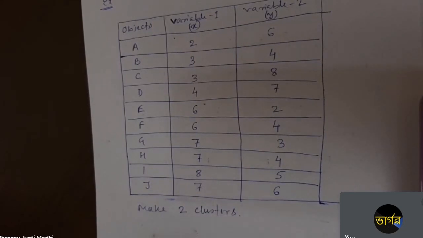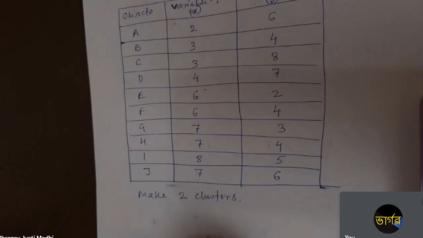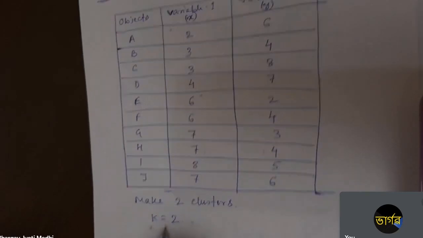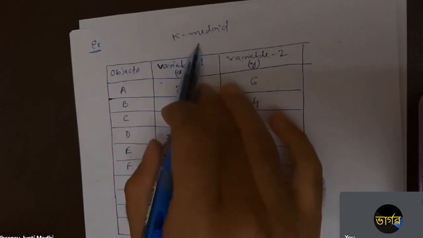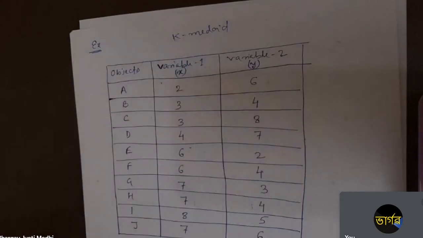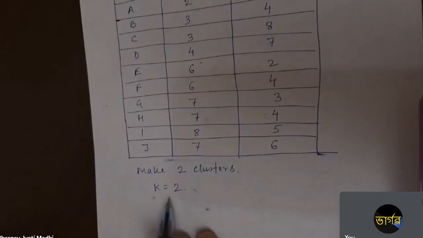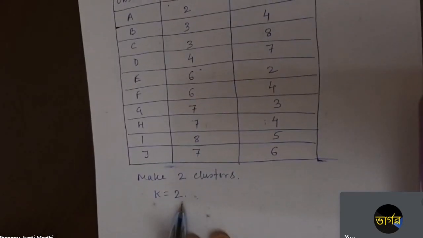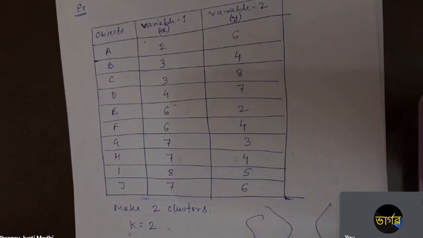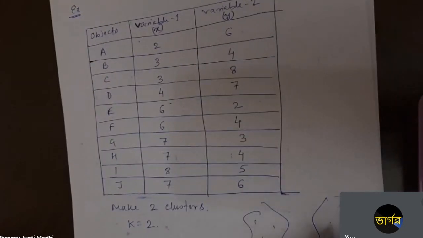So now you have to make two clusters, so k is 2. From these points we will make two groups, one group like this and another like this, and some points will go into each. To form the clusters, the basic starting point you have to select only.